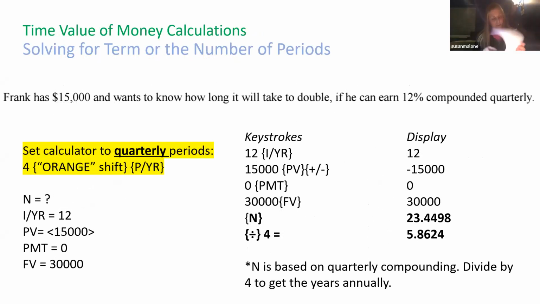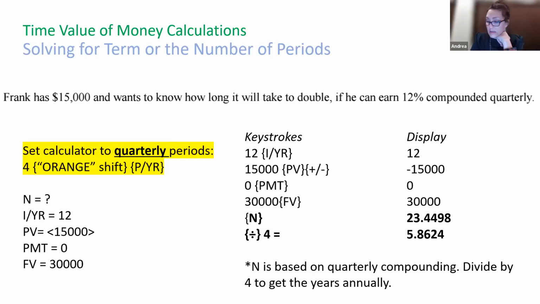Yeah, so the present value needs to be negative and the future value needs to be positive. I'm going through your keystrokes and I have it set to 4 payments a year. So I do my 12 and then 15, and then get that negative value, and then I hit N and I'm getting no solution.